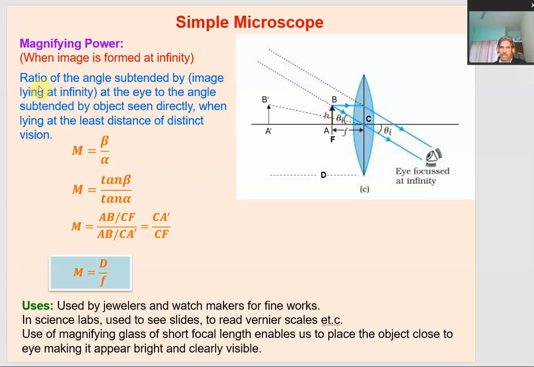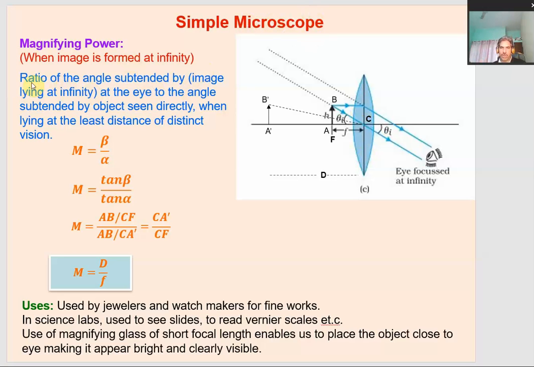Angle has to be made at the eye by both the image as well as the object in all cases, whether it is the first case, the second case, the case of a microscope, or the case of a telescope. In all cases, the image has to be formed at the eye, which lies close to the lens in the case of a simple microscope.